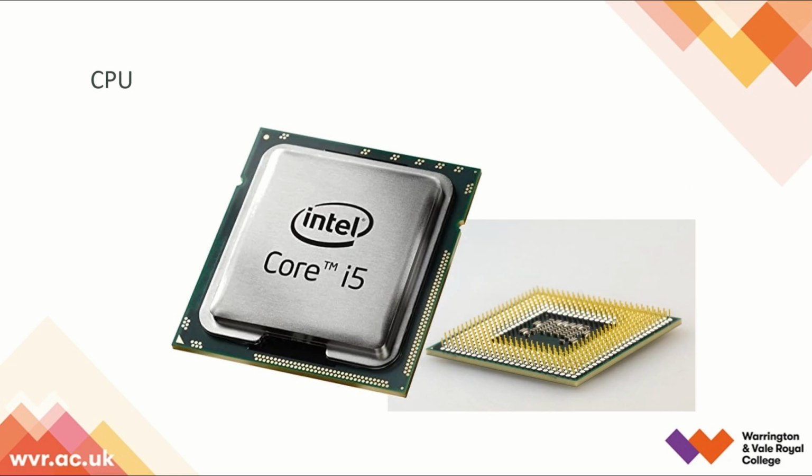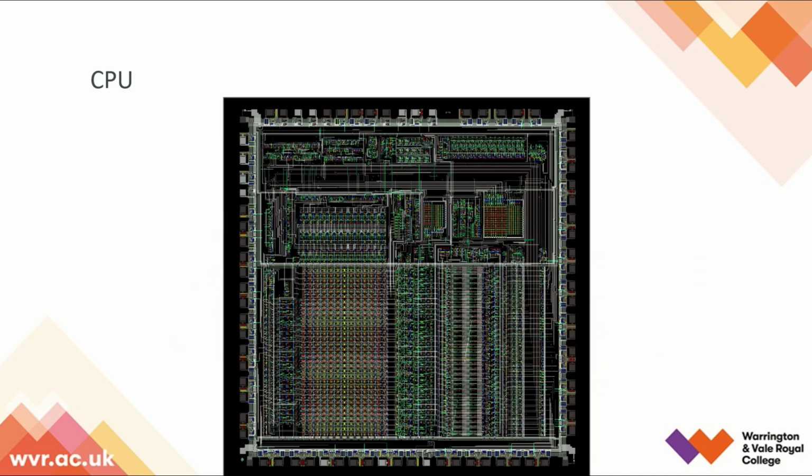Let's look at the processor again in a little bit more detail. So there's a standard sort of modern desktop processor. The i-series of processors are probably the dominant, if not the main type of processor for modern computers. Here's an example of a very, very early processor, a time-lapse image of how it's processed.